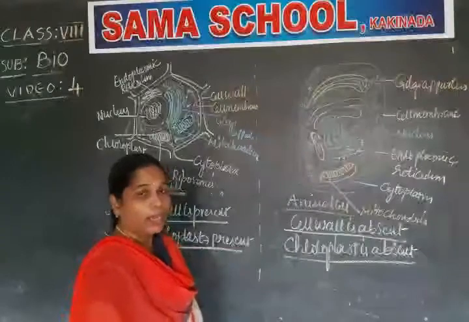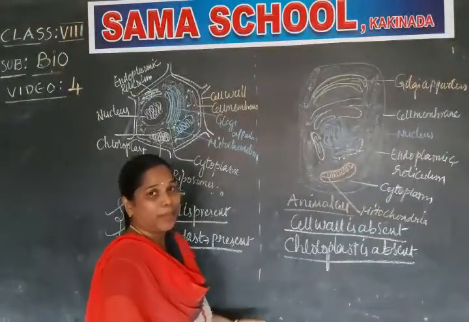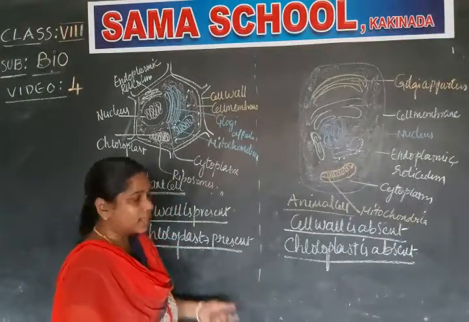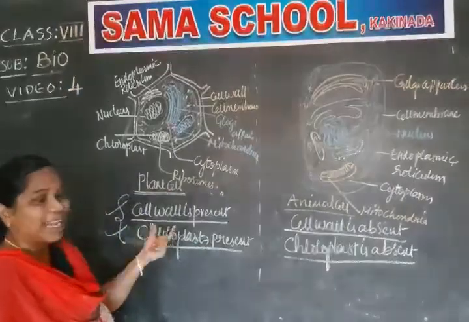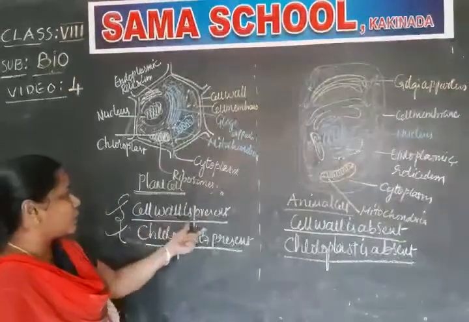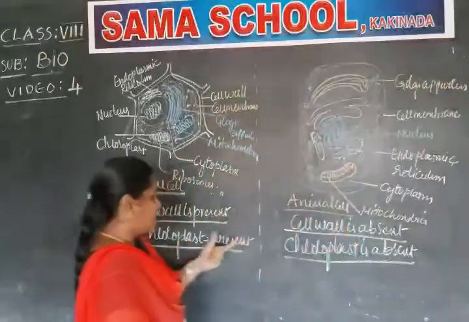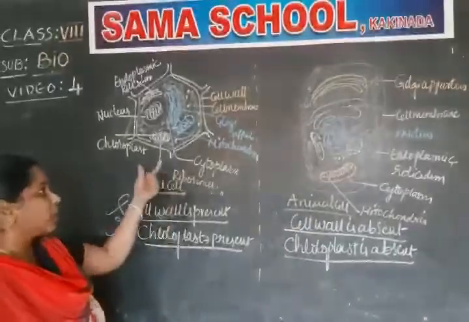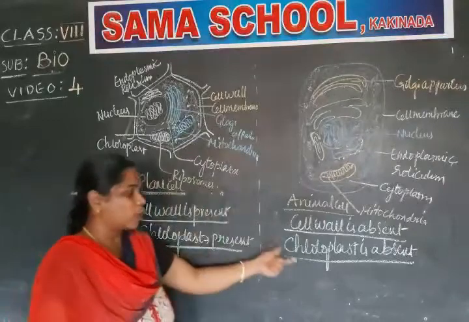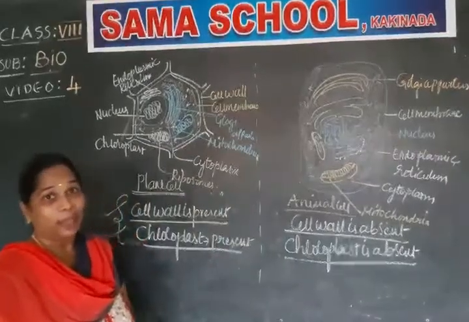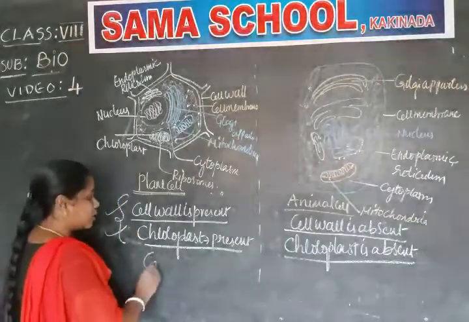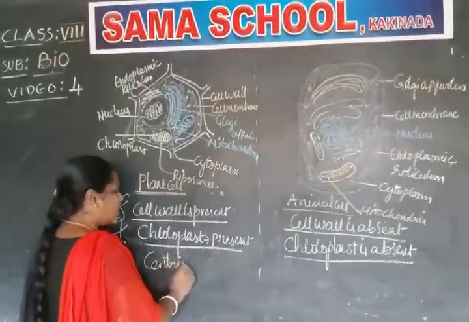So when they ask what are the major differences between the plant cell and animal cell: the cell wall is present in the plant cell, cell wall is absent in the animal cell. Chloroplast is present in the plant cell and chloroplast is absent in the animal cell. And another word here, if you see centrioles, it is mainly used in cell division.